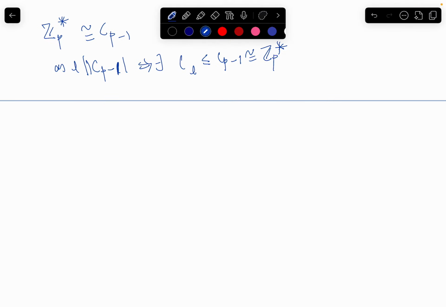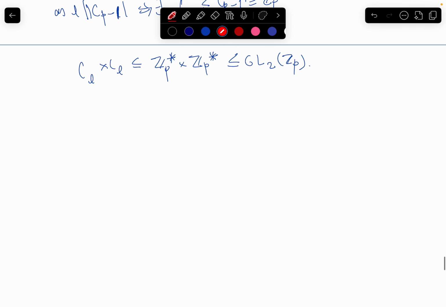So we need l squared somehow. You know that C_l cross C_l is a subgroup of Z_p star cross Z_p star. And this Z_p star cross Z_p star is a subgroup of GL_2(Z_p). Why is that the case?